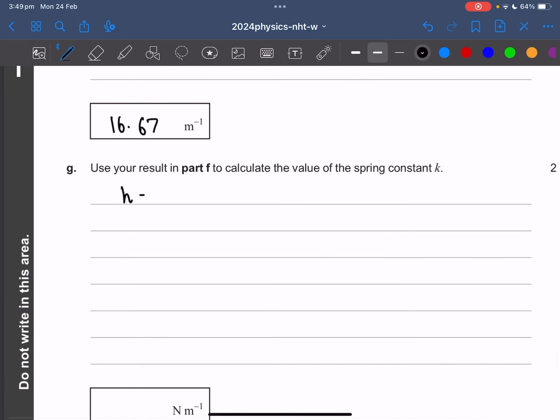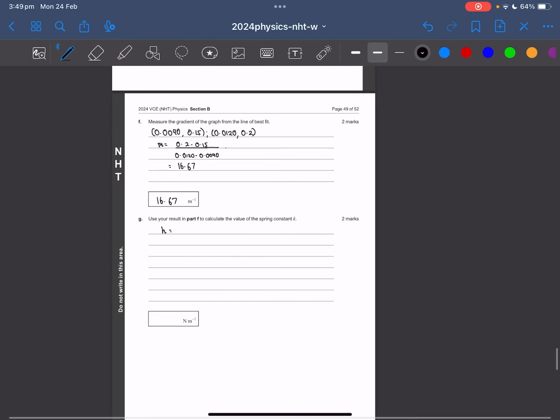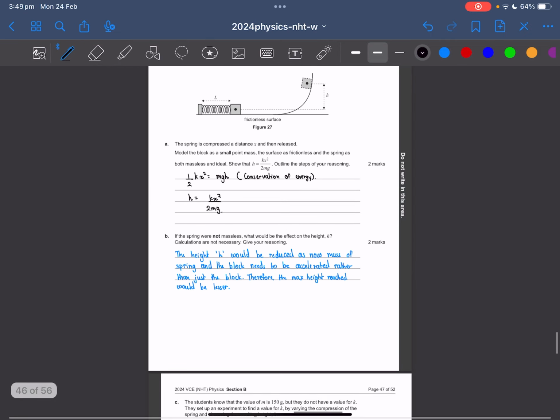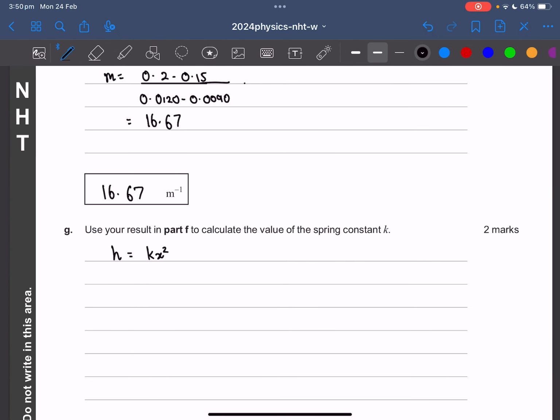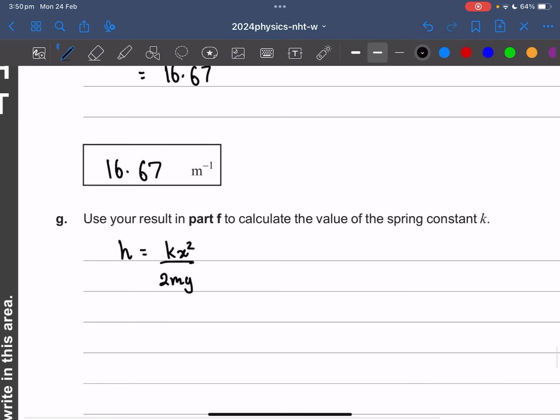Okay, so our H is equal to, what was it? It was kx squared on 2mg. Okay, now, you see this x squared term over here? We can write this as k on 2mg times x squared.